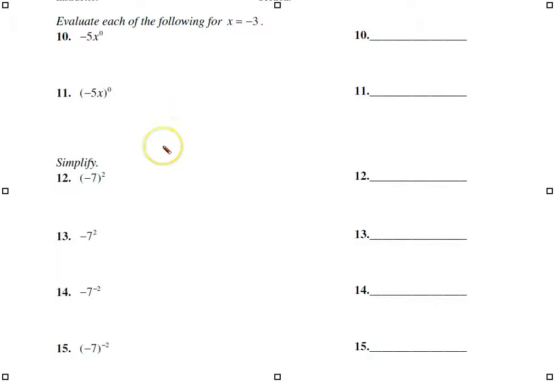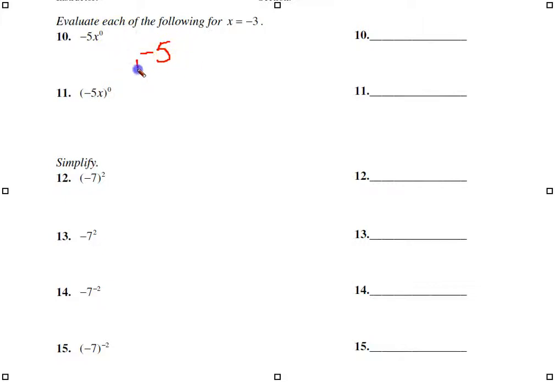Now for these, we're going to evaluate where x is a -3. So we have -5, but anything to the 0 power, a -3 to the 0 power, anything to the 0 power is 1.